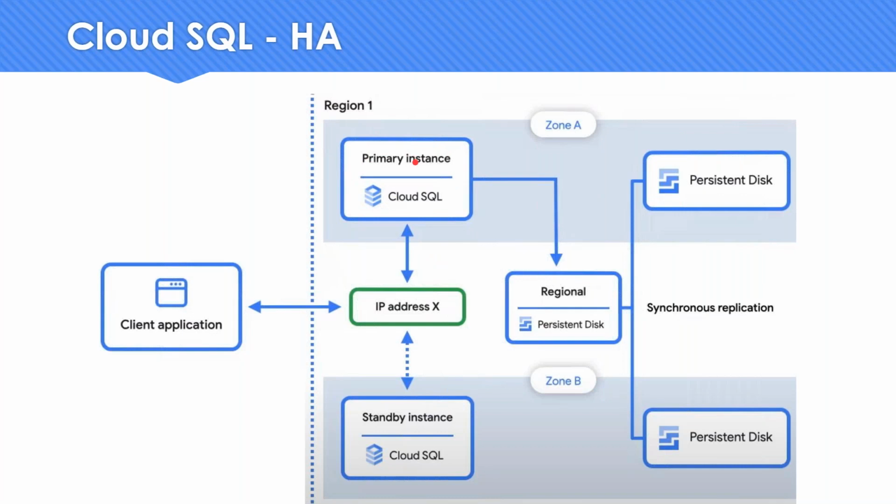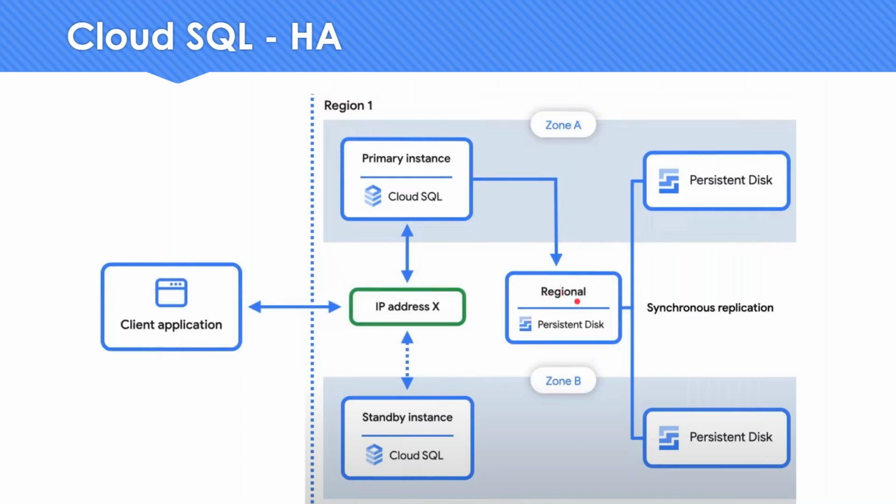This virtual machine is going to use a regional persistent disk. A persistent disk can be zonal or regional. Actually, it's not regional, it's going to be dual zone only, so they would have configured a regional persistent disk.